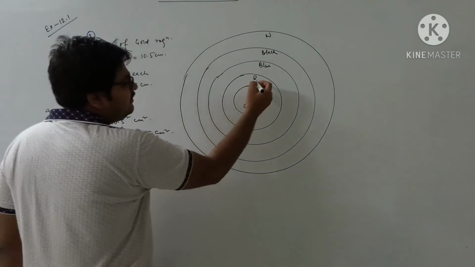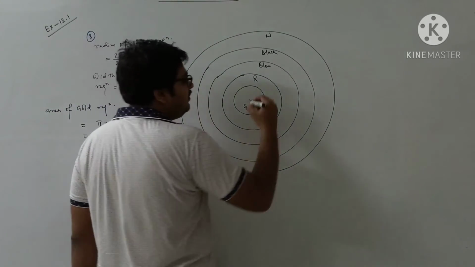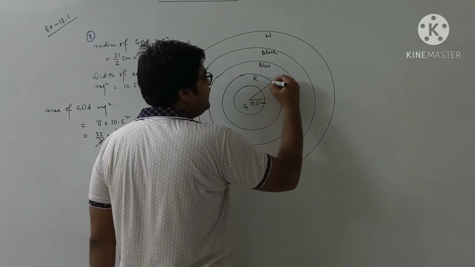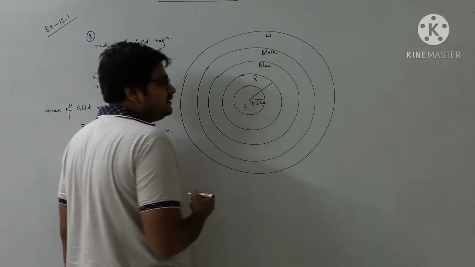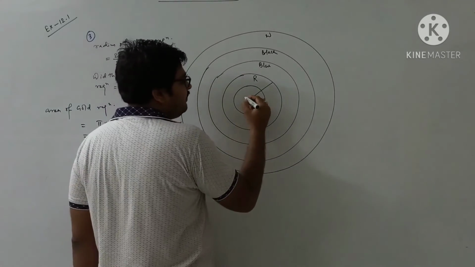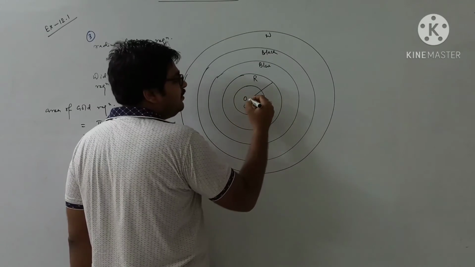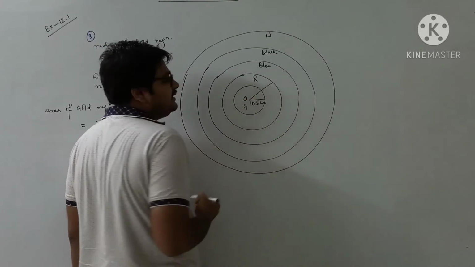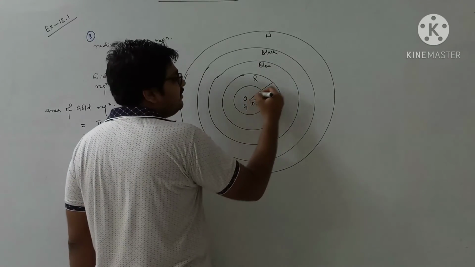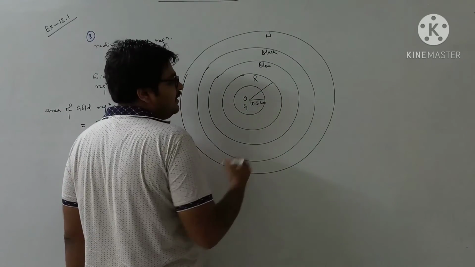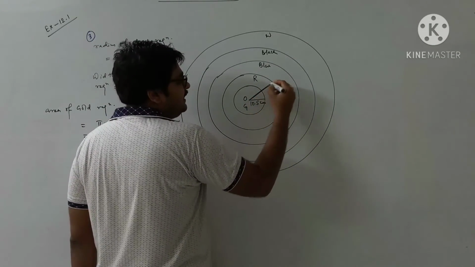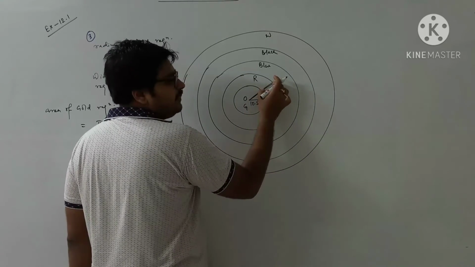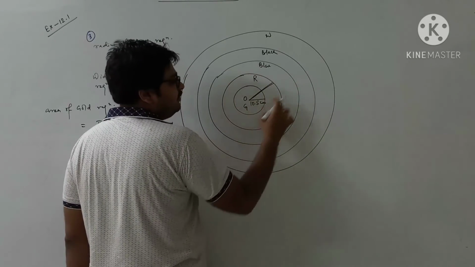Now we find out the area of the red region. Whenever we find the area of the red region, we are talking about this radius, because first of all we have to find the radius from the center only. So how much will this distance be? This distance will be 10.5 plus 10.5, because the width of each band is 10.5.